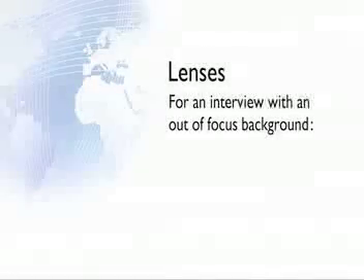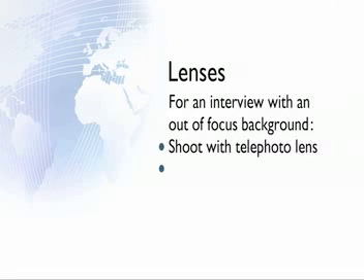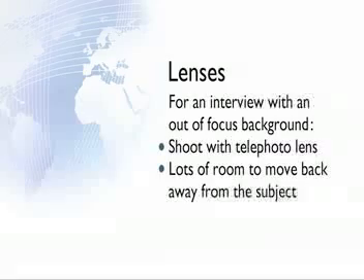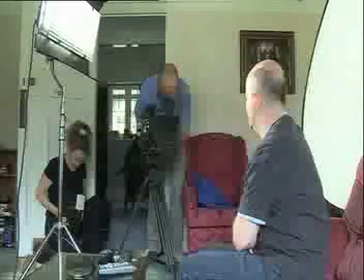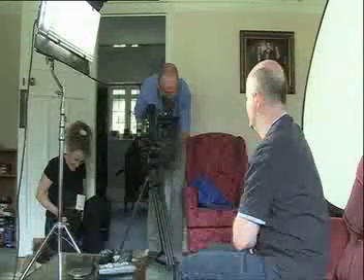For an interview with an out-of-focus background, you need to shoot with a telephoto lens and you need lots of room to move away from your subject. The camera is quite close to the interviewee here because he's shooting with a wide-angle lens. The picture has a much greater depth of field. That is, a lot of the picture is in focus.